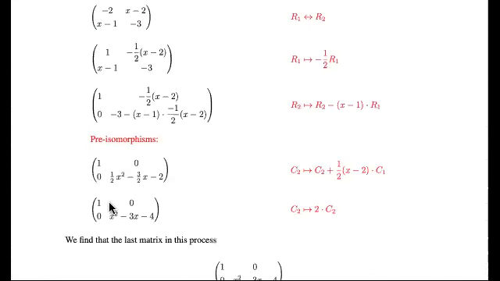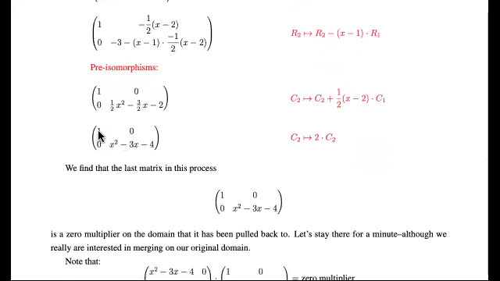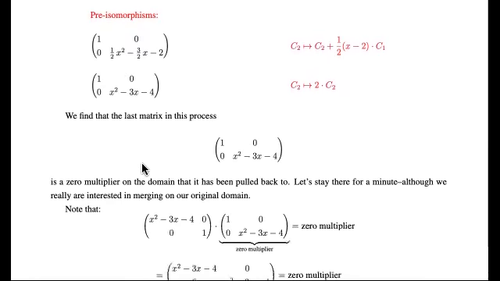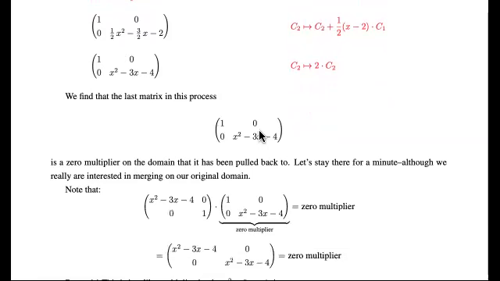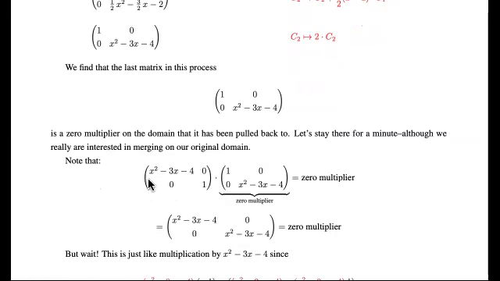Notice that we end up getting a diagonal type matrix, so zeros on the offset. So what does this mean? This means that on some pulled back domain, since we've done some column operations, this matrix behaves like 0. It's a 0 multiplier, and it's a diagonal, which is kind of interesting, because what if we just take this matrix, which is a 0 multiplier, and multiply it by this matrix over here?